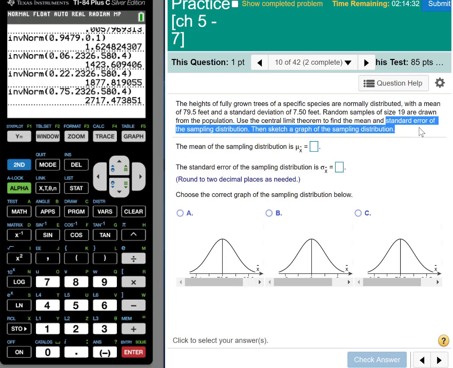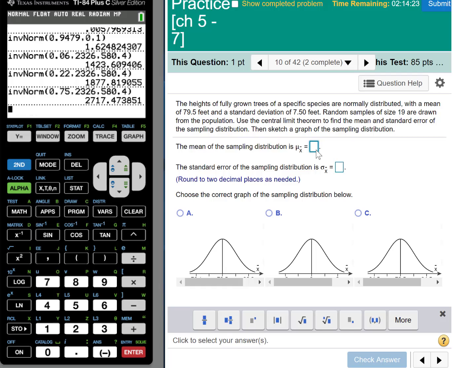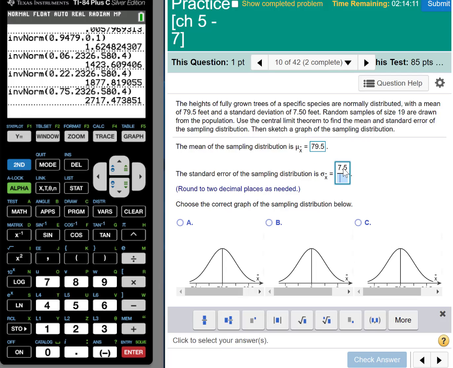Standard error, guys, of X bar means standard error of the sampling distribution means the original population standard deviation divided by the square root of n. So the mean of X bar will be 79.5 and the standard deviation of X bar will be 7.5 divided by the square root of 19, which is the sample size.